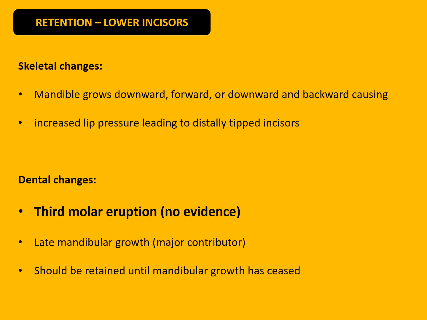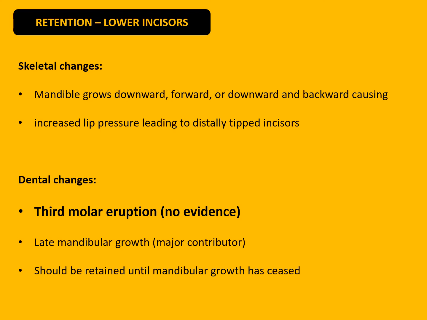How do you retain the lower incisors and what effects do they have? Skeletal changes: the mandible grows downward and forward, or it can grow downward and backward, causing increased lip pressure, which might eventually lead to distally tipped incisors. So this has to be taken care of.